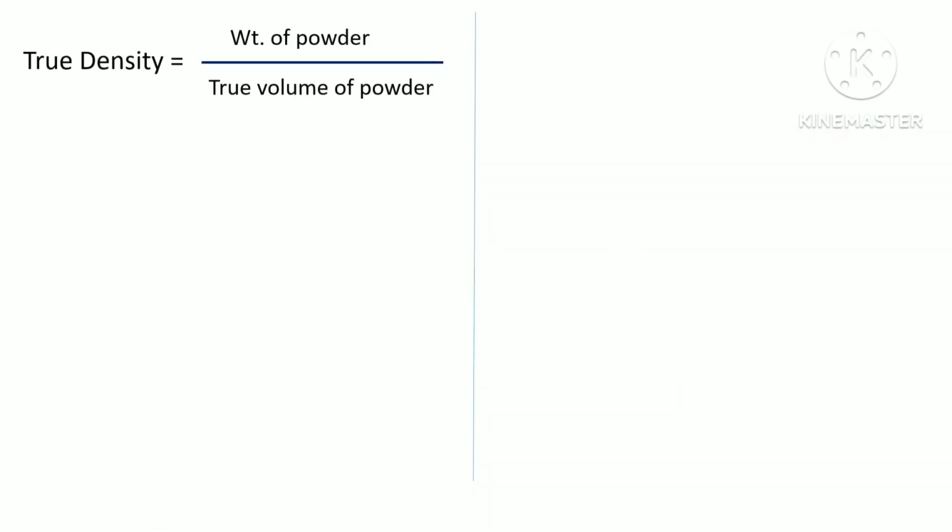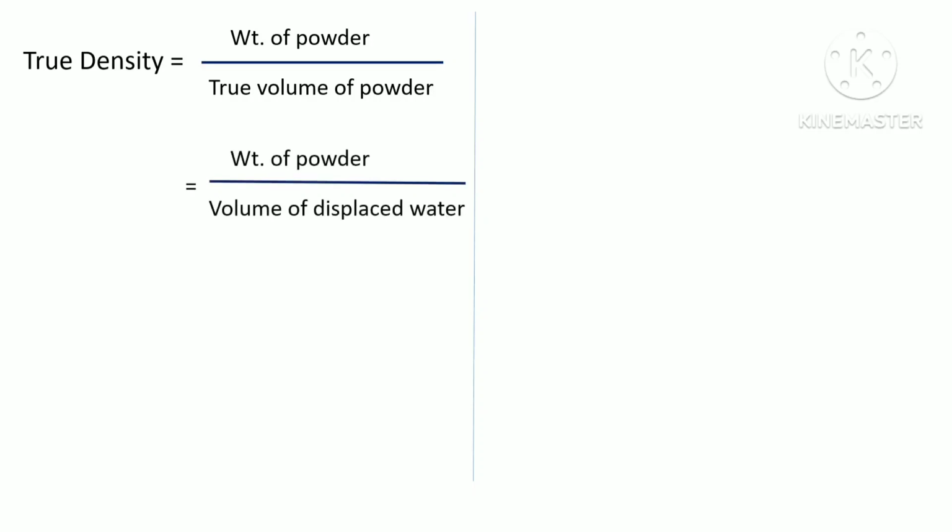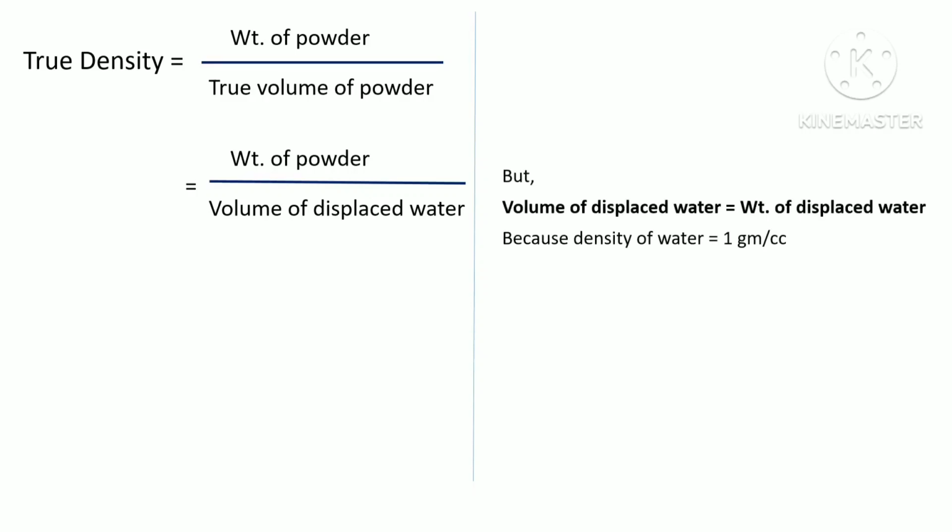True density is the ratio of weight of the powder to the true volume of the powder. So it is the ratio of weight of the powder to the volume of displaced water, as we have seen earlier. But the volume of displaced water is equal to the weight of the displaced water if we assume density of water to be 1 gram per cc.